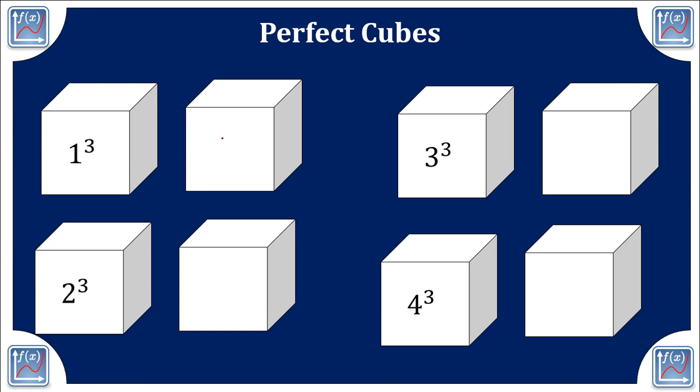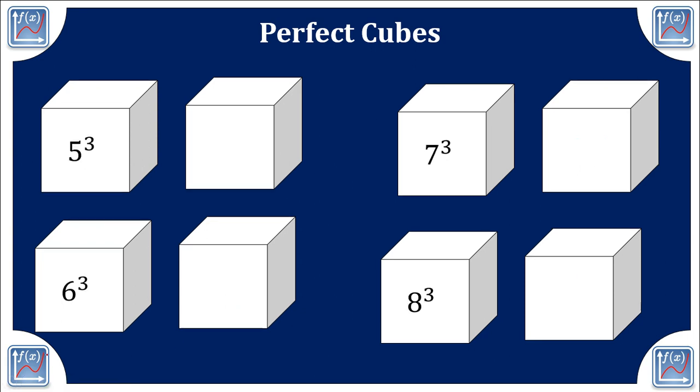So let's be familiar with perfect cubes. So 1 times 1 times 1 is 1. 2 cubed, the volume of this is going to be 8. The volume of this cube is a 3 by 3 by 3, 27. A 4 by 4 by 4 is 64. So those are all perfect cubes.